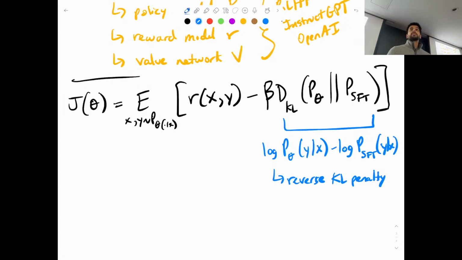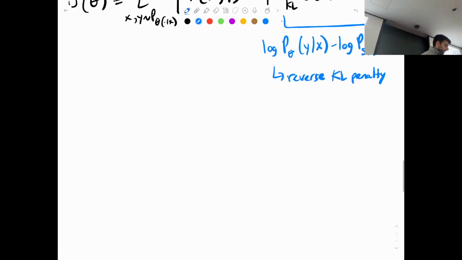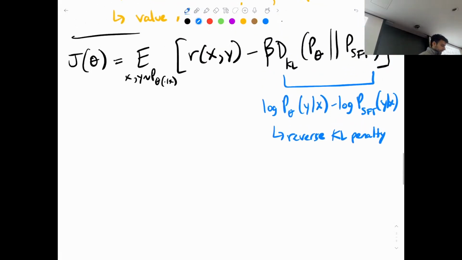And some variants of GRPO that we're going to be talking about later simply drop the KL penalty entirely and say, well, we don't actually need this empirically when we set up our data and training objective in a certain way. So there are lots of conflicting results on the necessity of the KL penalty and how to implement it, but this is the most common one, also the one introduced in the OpenAI paper.